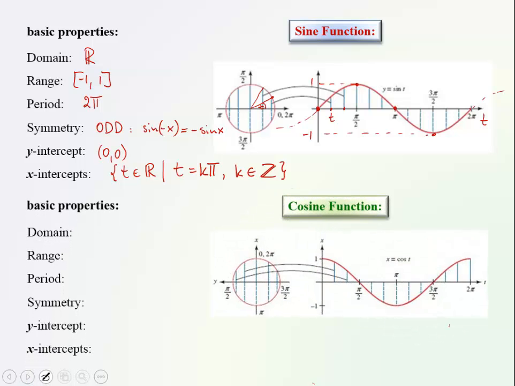And what about the cosine function? As I mentioned before, the way that this graph was obtained was slightly different than sine, but it's just for the sake of making it easier. Because if I make this angle here, that's the same angle as that angle over there, as long as these two terminals are perpendicular.